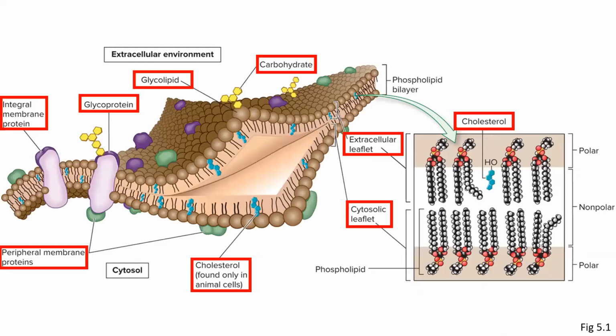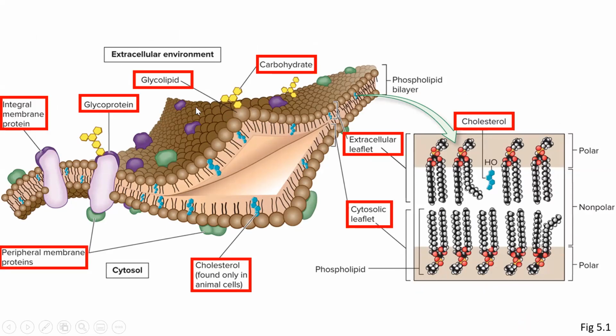All right. So if we take a look at the picture of the phospholipid bilayer, you can see there's a lot going on here. And this is actually a remarkable structure. First, you have the phospholipid molecule, okay? So we have our hydrophilic head, our hydrophobic tails. We have these little blue guys embedded in there, and those are the cholesterol molecules, and those are only found in animal cells.